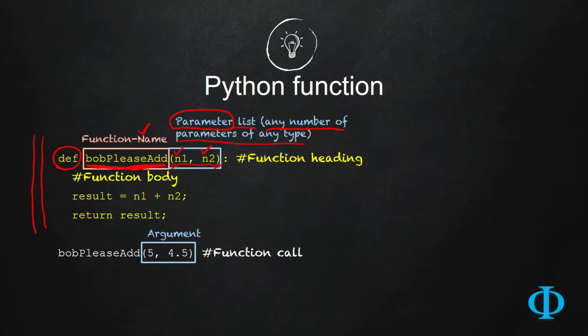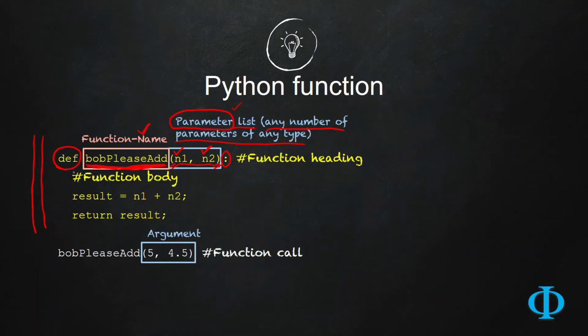After the parameter list is accepted by the function, everything is done, then of course there should be a colon symbol just to tell the Python interpreter that, well, now I am going inside the function.